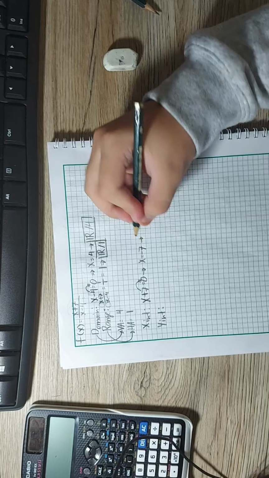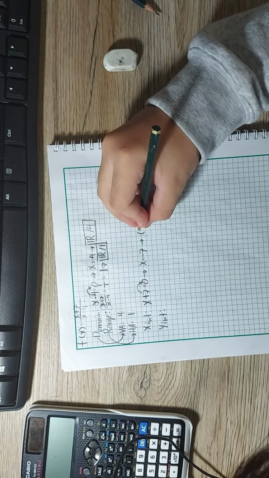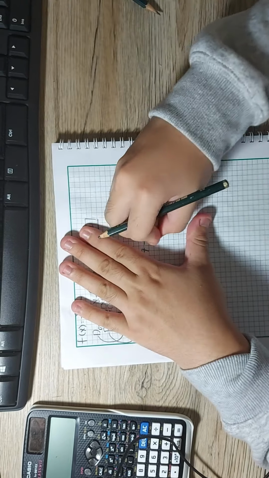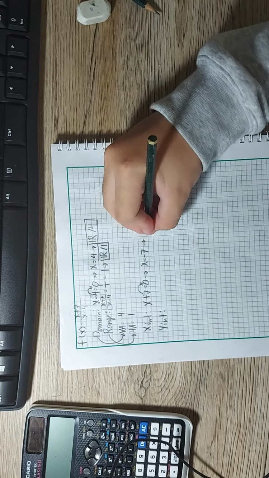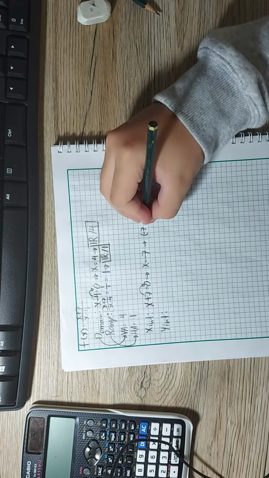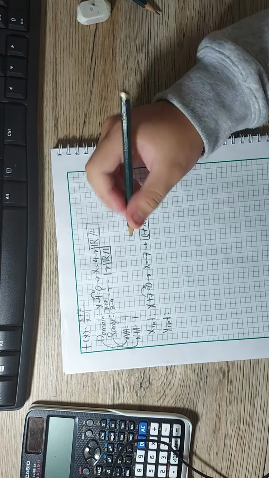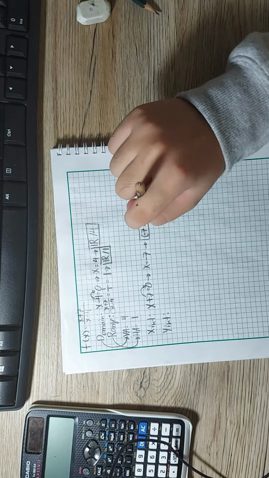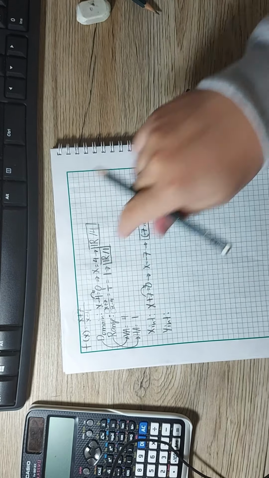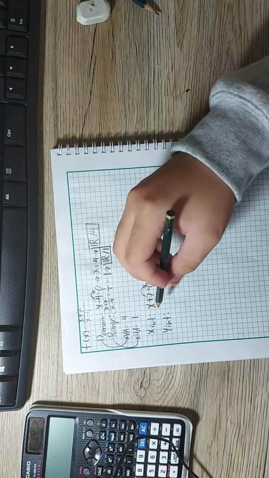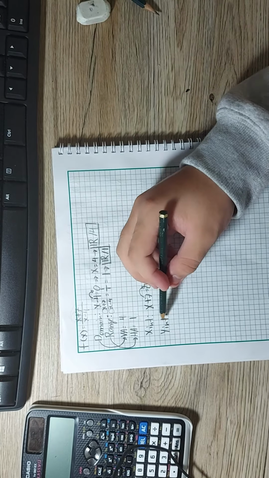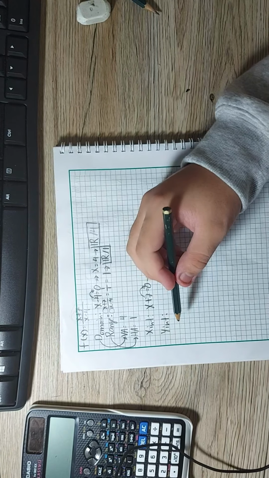And this is what we're going to use for our x-intercept. So that is negative 7 and 0. That is going to be our first point for the graph.